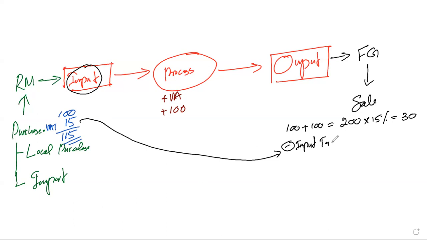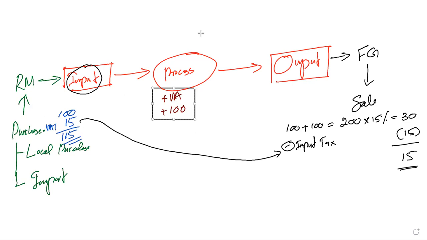Then you can deduct this 15 from your sales tax. The balance payable is 15. Actually, this 15 is only on the value addition.